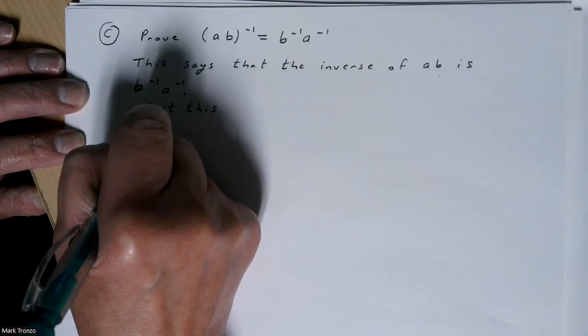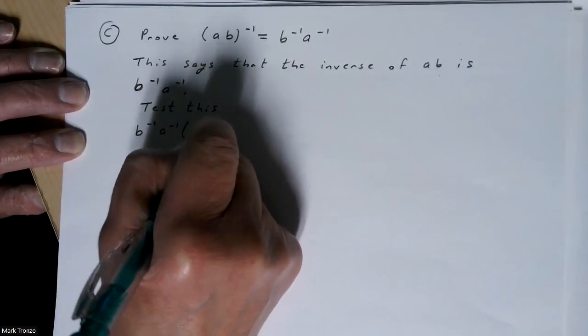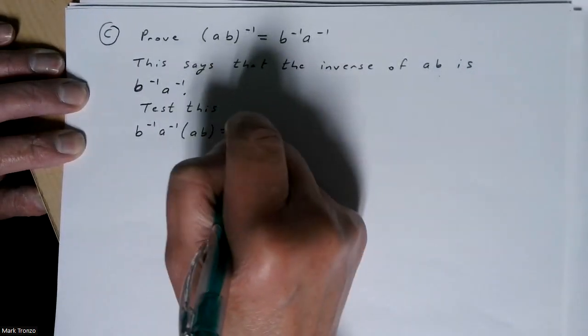So we're going to take this times AB. Of course, we can take the parentheses away.